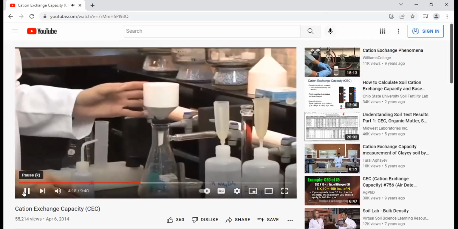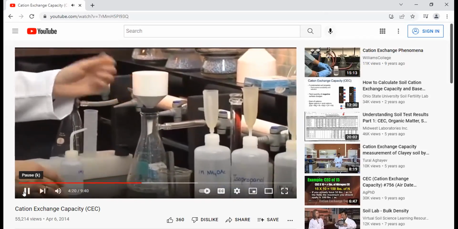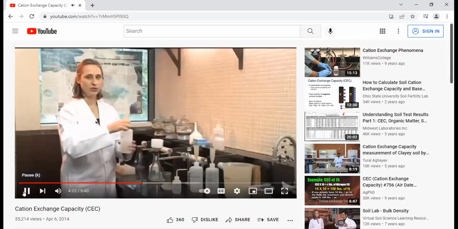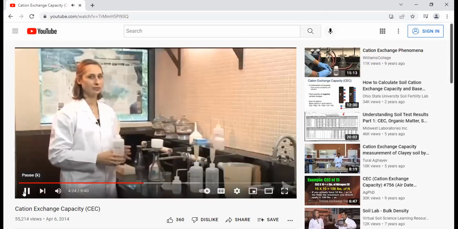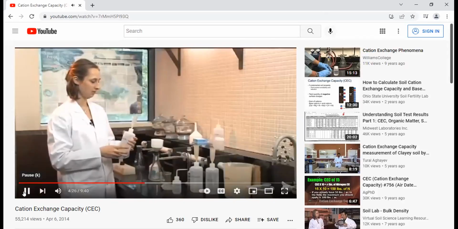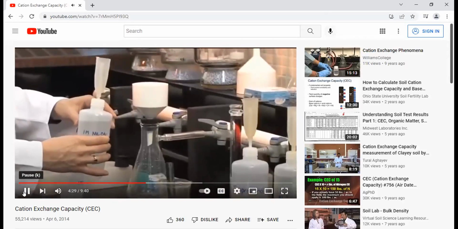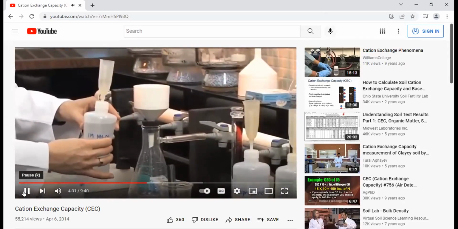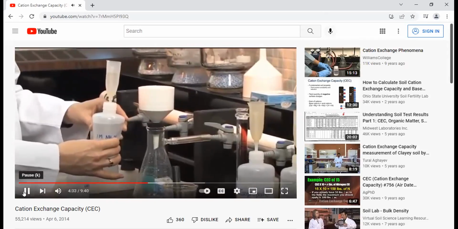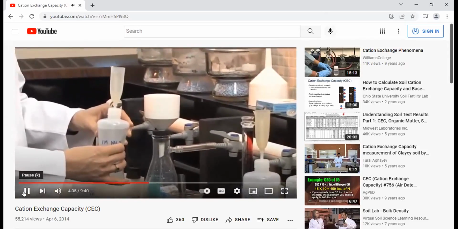You need to do a couple more rinses with ammonium acetate. So we'll do 4 washes with 30 mils of the ammonium acetate solution. So we have this handy dispenser that does an approximate volume for us.